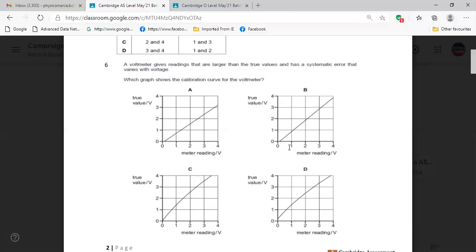So we have some more information here, that is, it has a systematic error that varies with voltage.